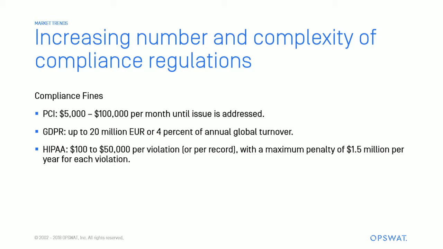PCI, which of course continues to become more and more important, has fines of $5,000 to $100,000 a month if violated. HIPAA, if you have a violation, you pay fines on a per record basis in terms of the health records that are being exposed, with a maximum penalty of up to $1.5 million annually for each violation.